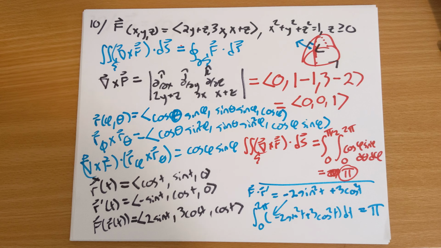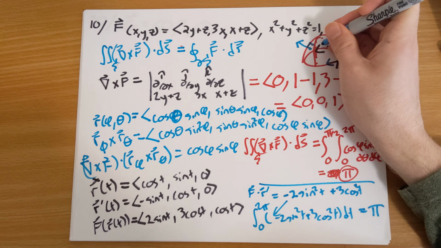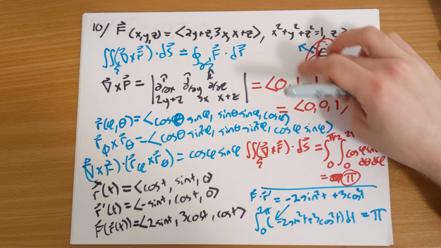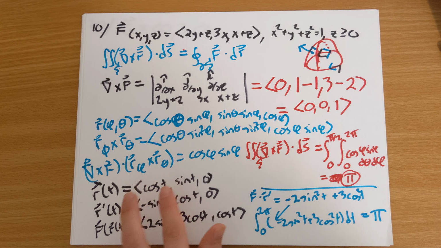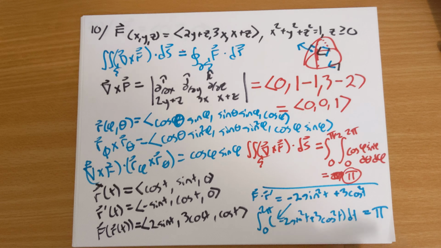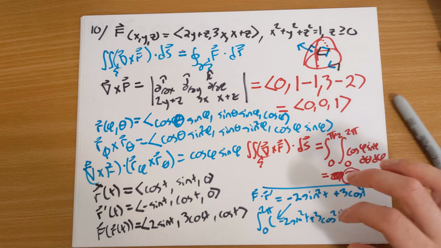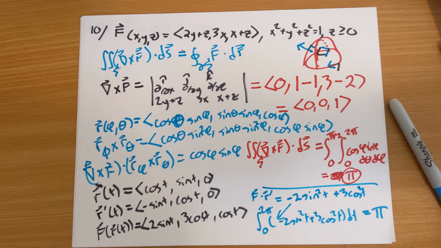Then we have to orient our boundary going in the opposite direction, clockwise. You flip cosine t and sine t, and that ends up flipping the sign down here. So both end up as negative pi. You can check that for yourself.